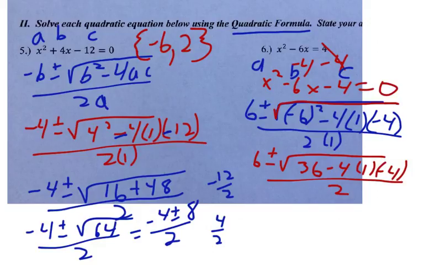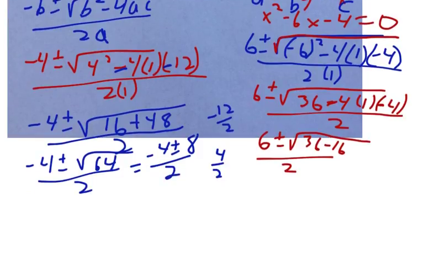So negative 4 times a negative 4 is a positive 16. So that's going to be 6 plus or minus square root of 36 minus 16 all over 2. And that one I'm going to scroll down for. 36 minus 16 is the square root of 20. So that would be 6 plus or minus the square root of 20 over 2.